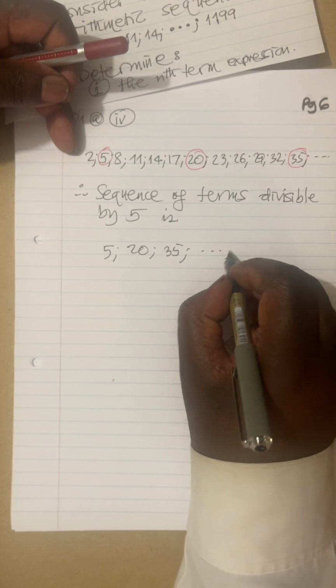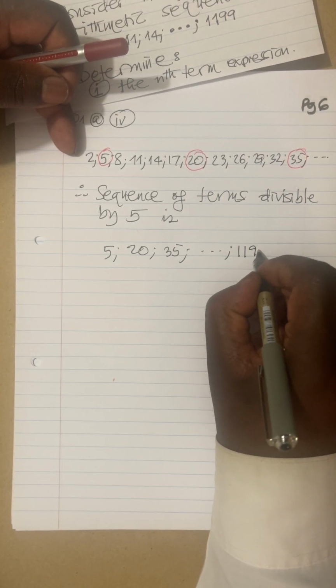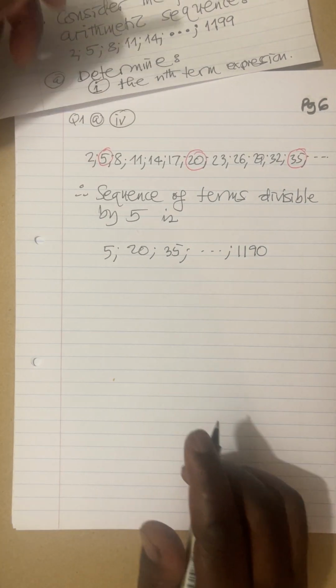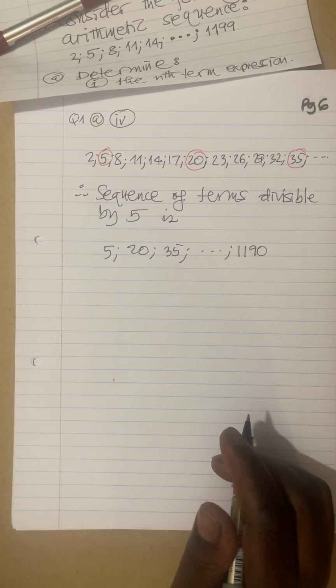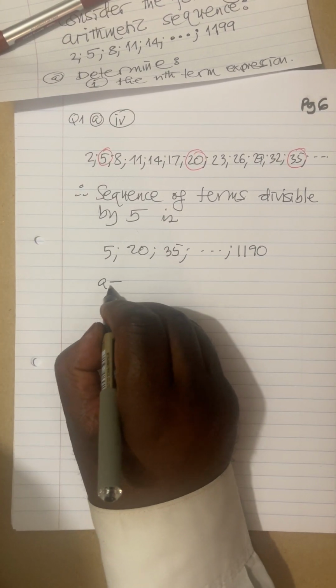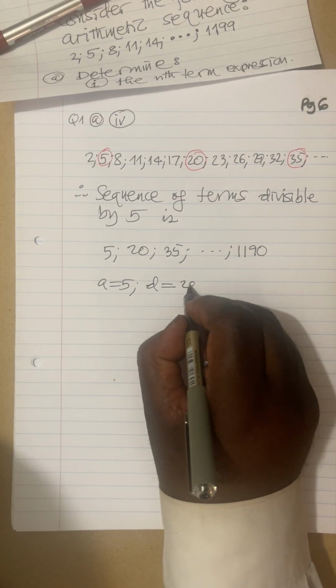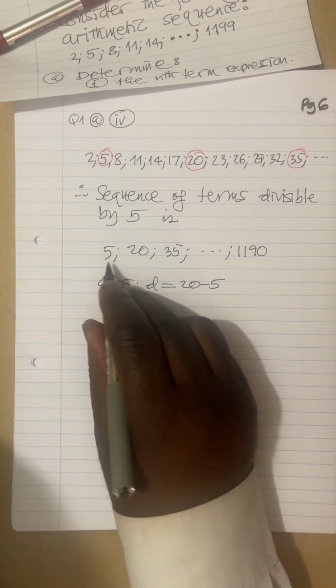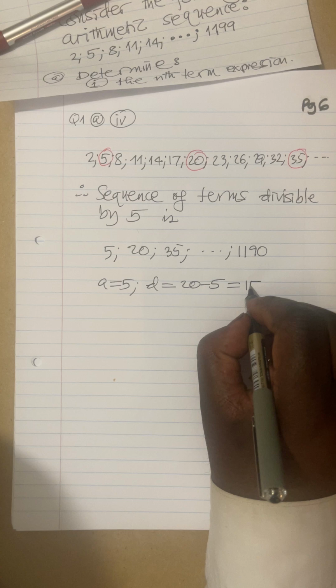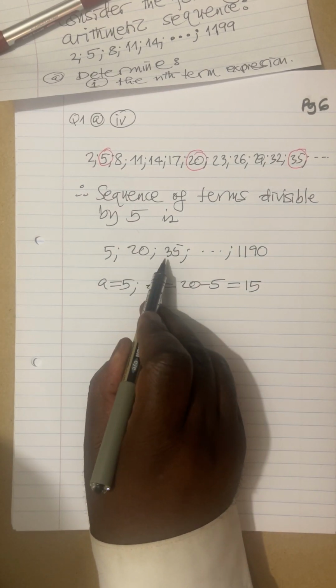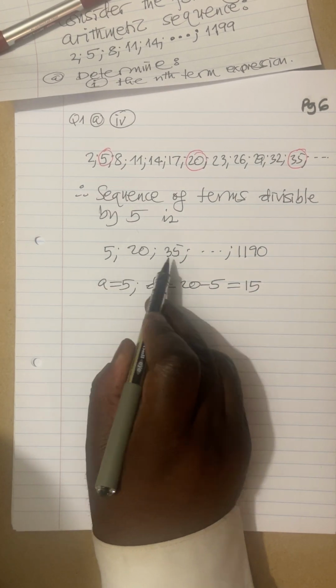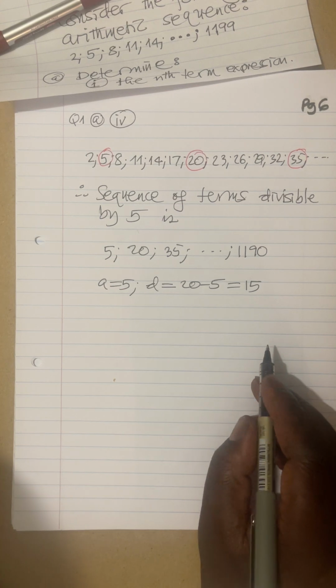We can continue all the way up to 1190. We want to work out how many terms we have here. So we know our first term is 5. Our common difference is actually 20 minus 5. The answer is 15. You find the same by subtracting 20 from 35. So we're sure this is an arithmetic sequence.